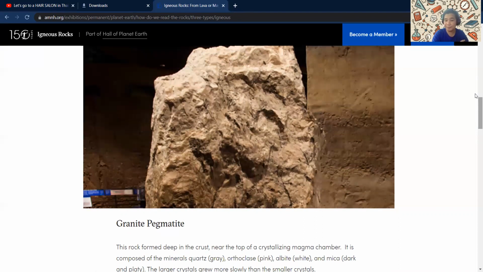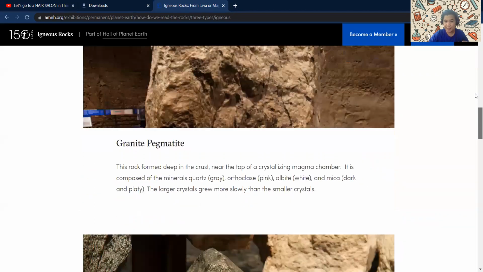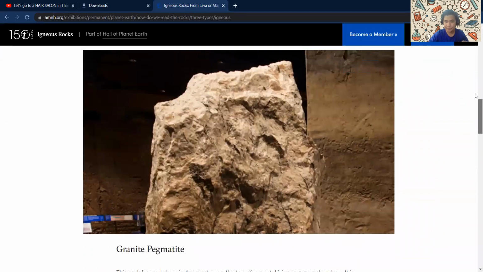Now, this granite pegmatite in this photo is actually formed near an area where there is a lot of magma. It's not really an area where the magma is right there, but it's still inside the earth. For example, let's say this is the area that has magma.